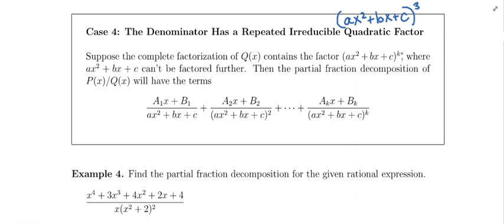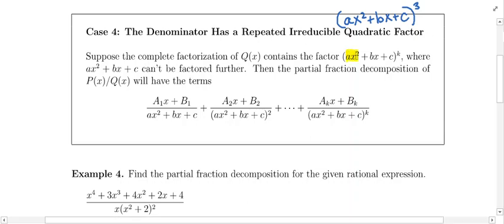So to handle such a partial fraction decomposition of p of x over q of x, you're going to do this. Okay, so you're going to take the factor. The factor itself is ax squared plus bx plus c. So this is going to produce k many fractions. If you notice, the denominator is always some power of ax squared plus bx plus c.